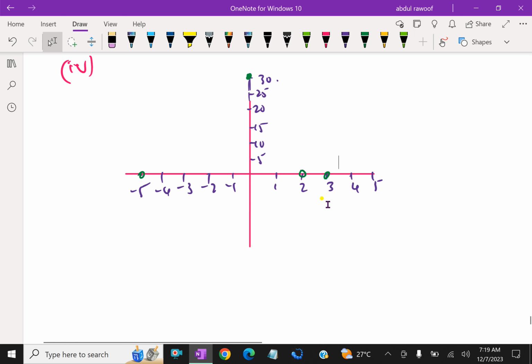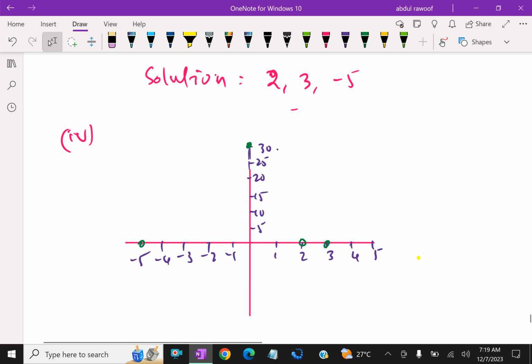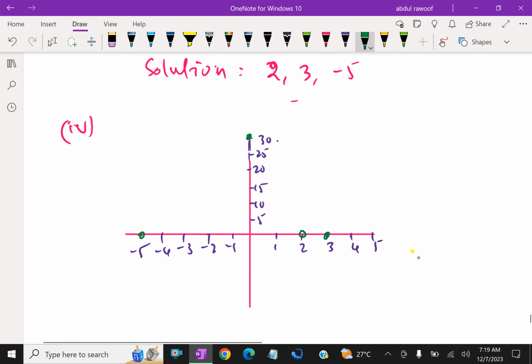Also, in between 2 and 3, suppose you take x as 2.5, then y is given as minus 1.8. That means substituting into the original equation, we get y as minus 1.8, approximately.